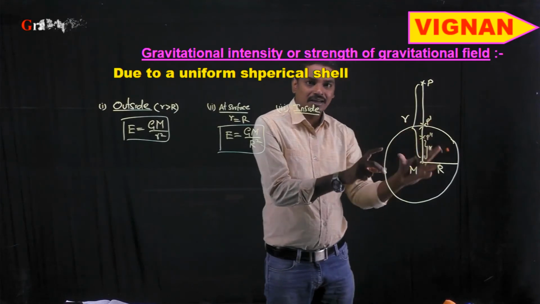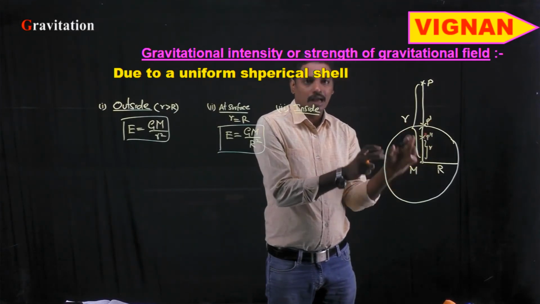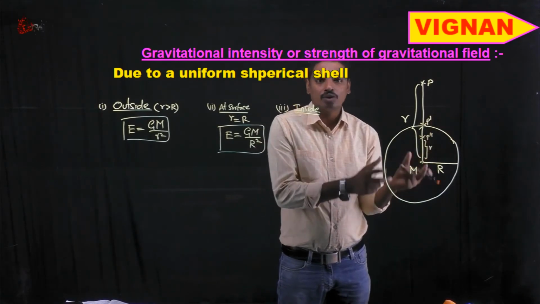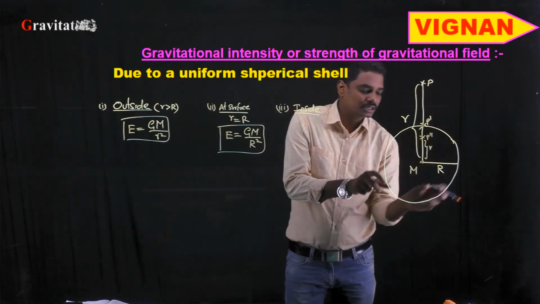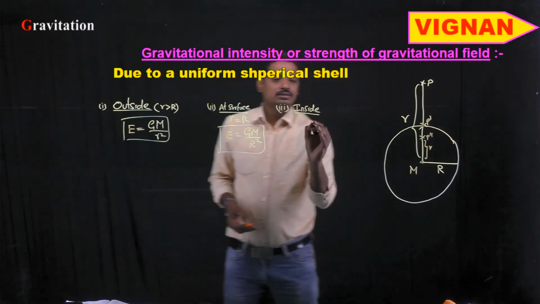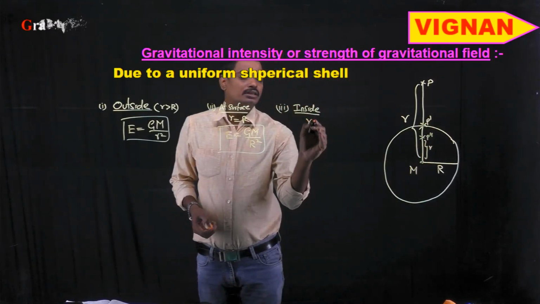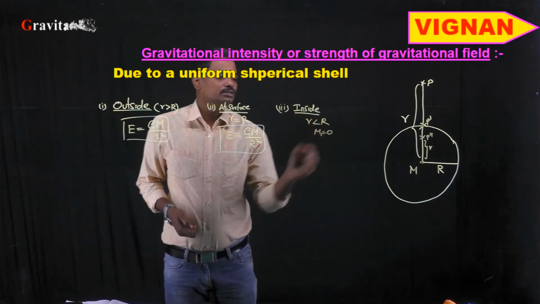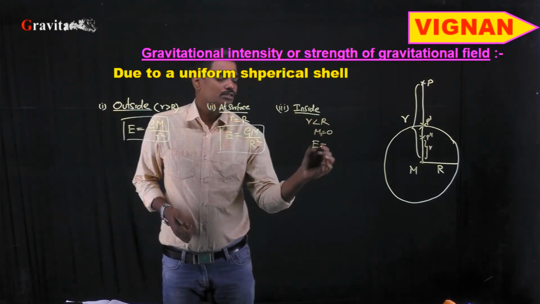As it is a spherical shell, or a hollow sphere, inside the hollow sphere there is no mass present. Total mass is present only outside. Inside the hollow sphere the mass is 0. So if r is less than capital R, the mass inside is 0. Therefore E is equal to 0.